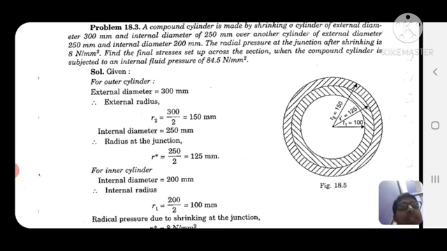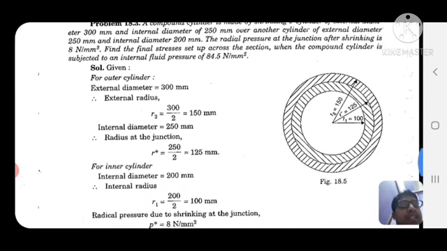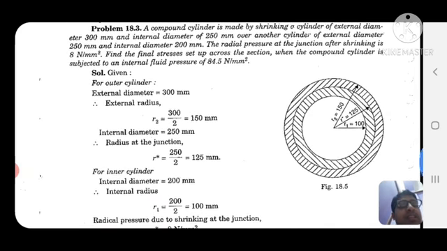A compound cylinder is made by shrinking a cylinder of external diameter 300 mm and internal diameter 250 mm over another cylinder of external diameter 250 mm and internal diameter 200 mm.